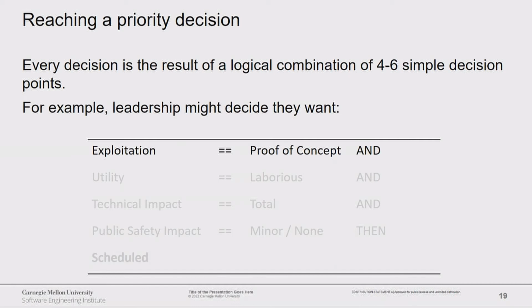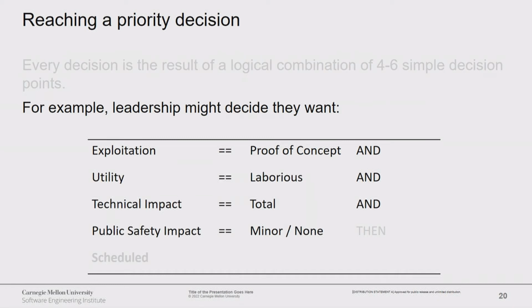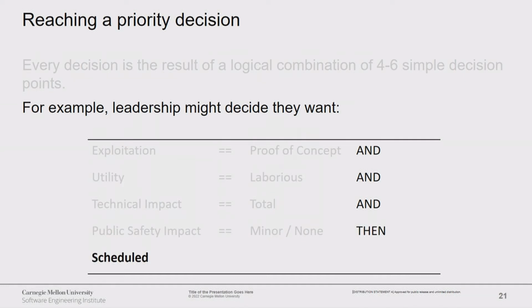So you might say that if the state of exploitation of the vulnerability is that there is a public proof of concept and it's integrated into Metasploit, and also that the utility to the adversary is that it's hard for them to use, and also technical impact, and also the public safety impact, and this, and this, then respond in a scheduled way.